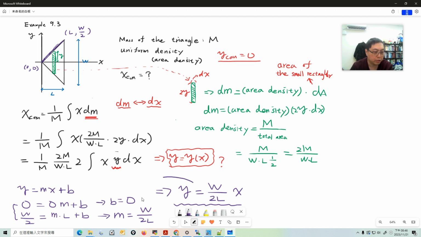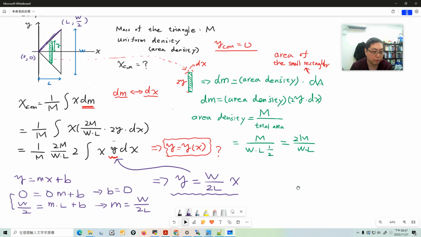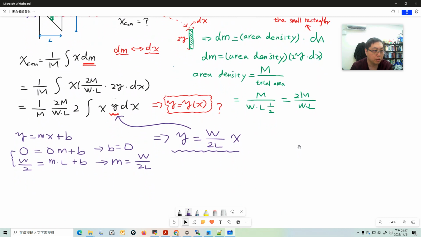So we have to replace this with the y here. And then we will find everything is x, and we're doing integration over x. Okay, we will finally solve the problem. So let's do it.